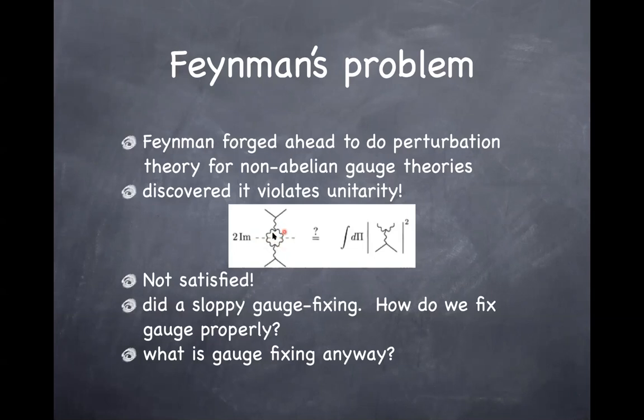This one and that one are complex conjugates of each other, so that actually turns into the absolute square of this Feynman diagram, and they're supposed to be equal. That's the consequence of unitarity.